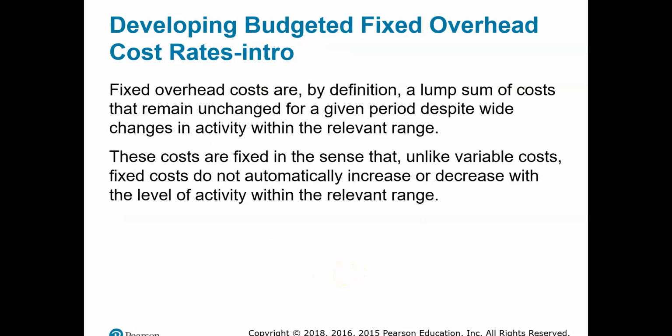Now, fixed costs are like lump sum costs, and they don't change over a wide period of activity within the relevant range. If we remember from before, if we graph this, fixed costs would simply intersect the y-axis here and go straight across. It would just be a flat line.